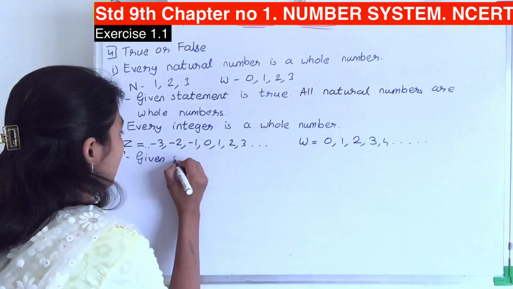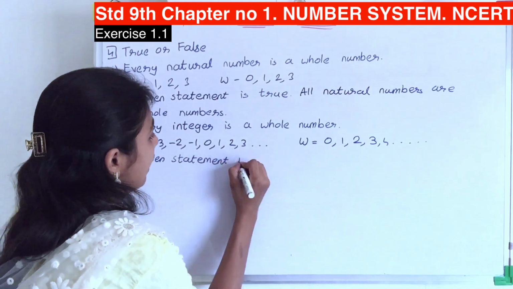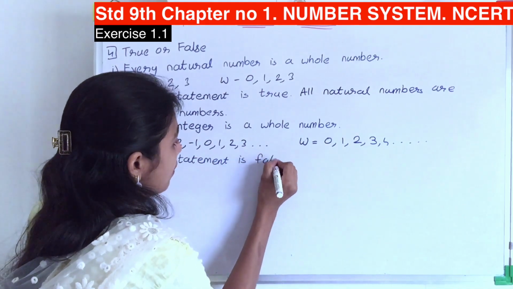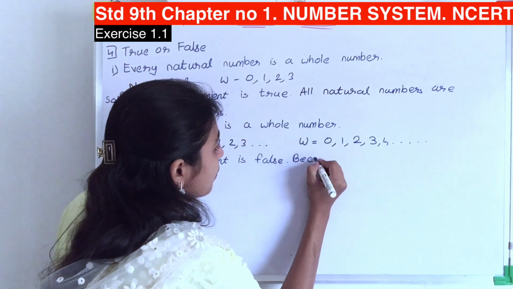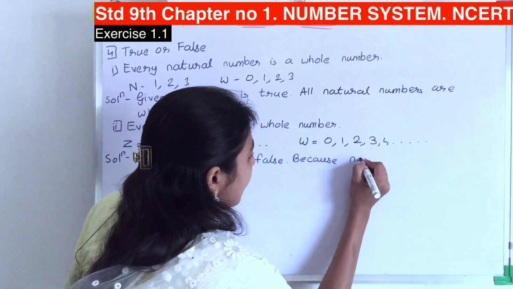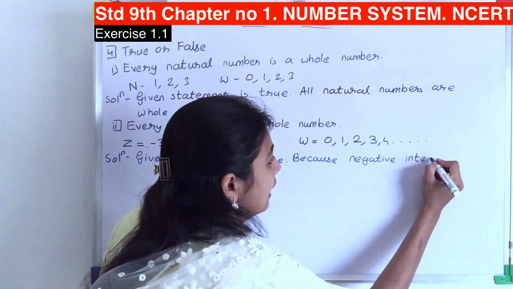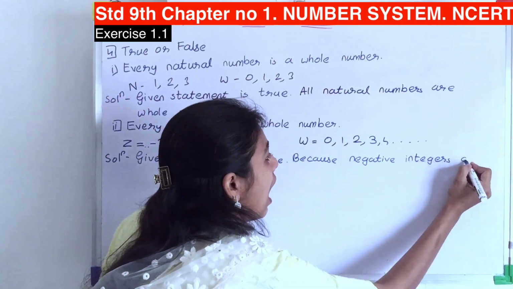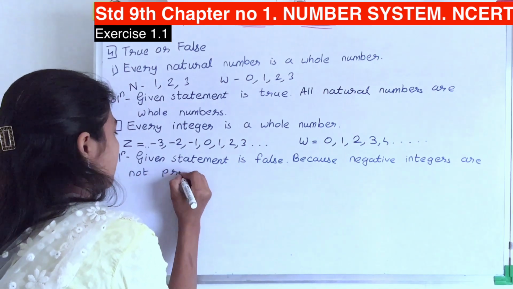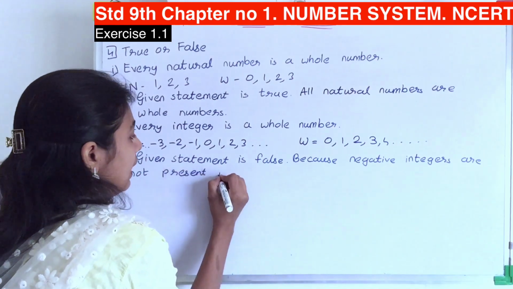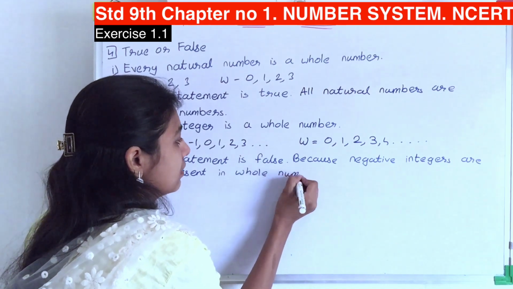So the given statement is false. Why is it false? Because negative integers are not present in whole numbers.